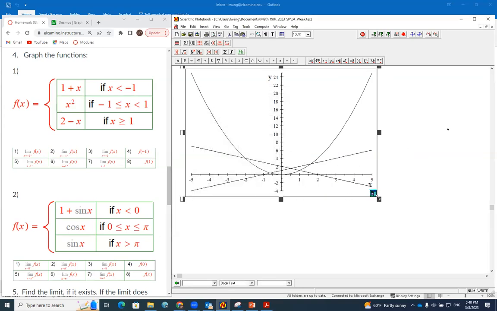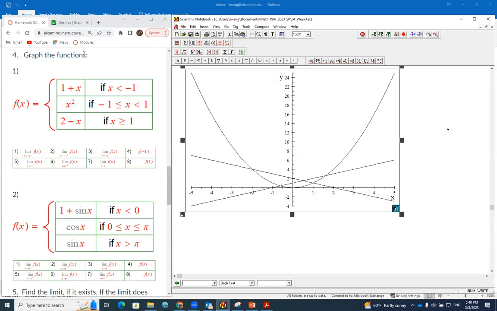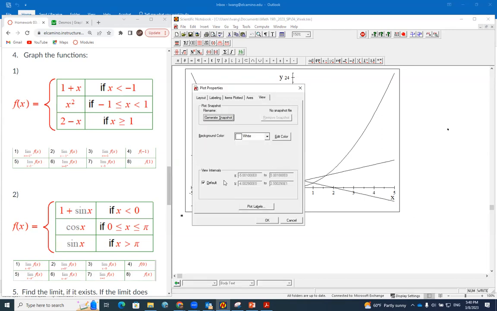First, you need to recognize the rule. Which function is for less than -1? That's 1 plus x. I'm going to make a little adjustment to the view, from -5 to +5.